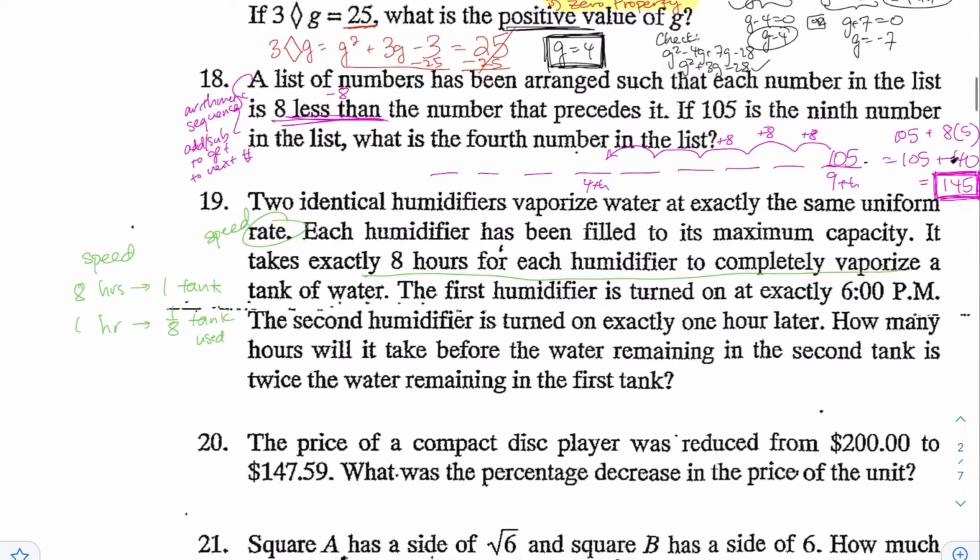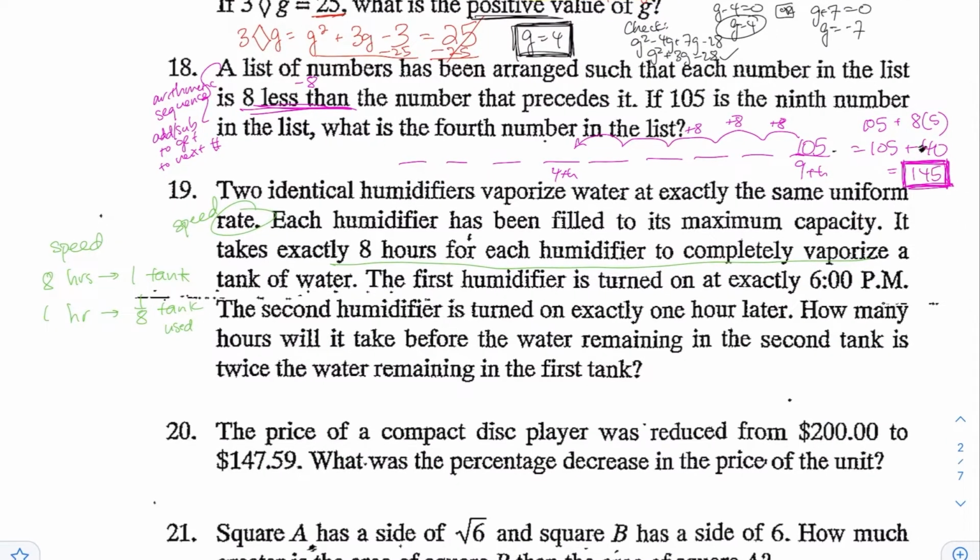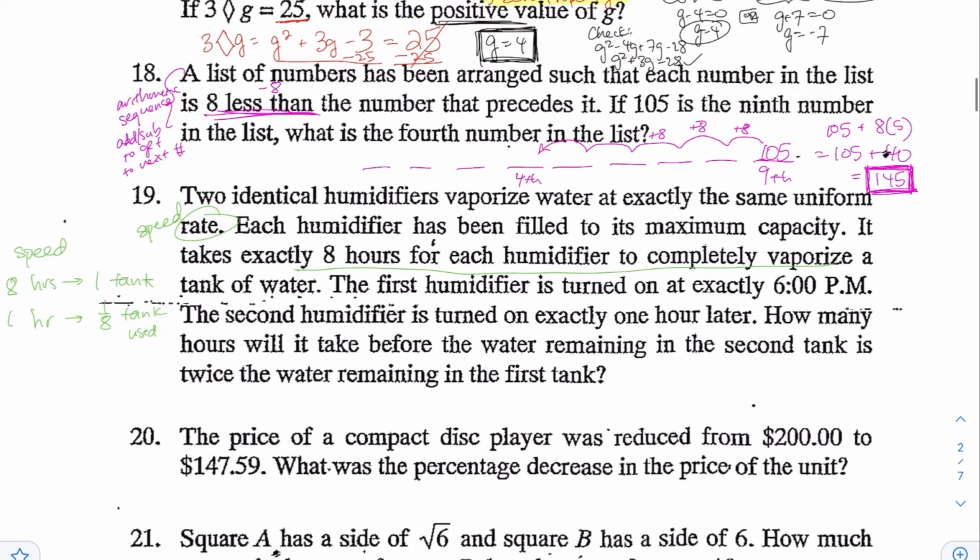Now they're turned on 1 hour apart, so you can make a chart. And in this chart, you're just testing out how many hours it will take to completely vaporize. So you have tank A versus tank B. Tank A turns on first, it's 8 out of 8 filled, and then it's 7 out of 8. After 1 hour, tank B turns on, that's 8 out of 8.